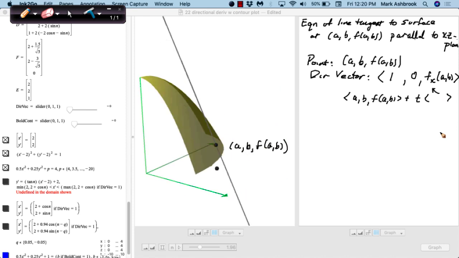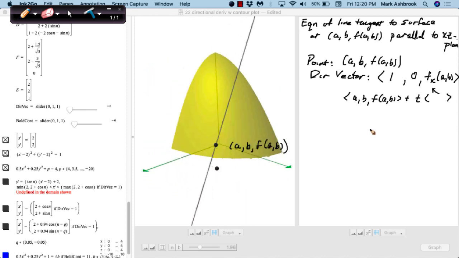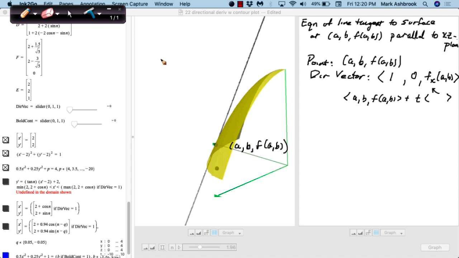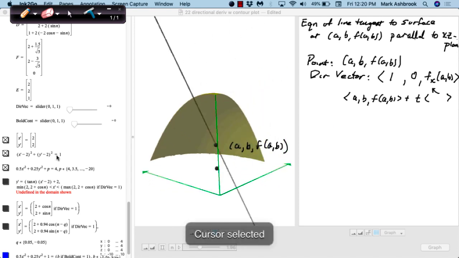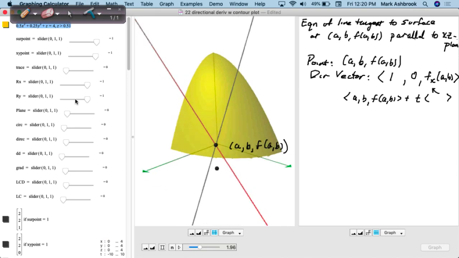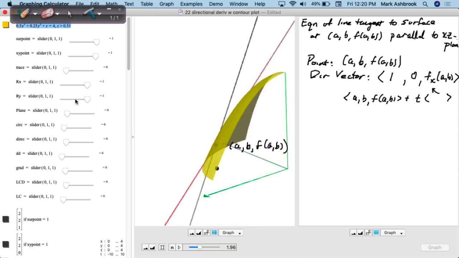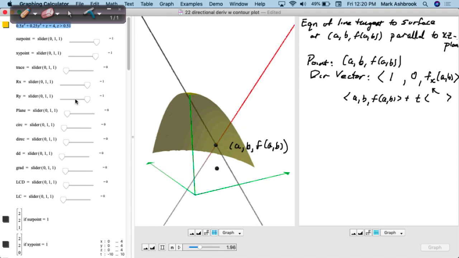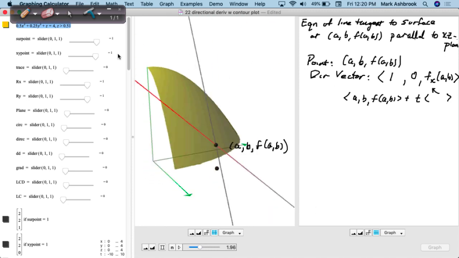Okay, so now we could pretty quickly write down, based on the pattern here, the red one. So what's our point for the red one? Same point.